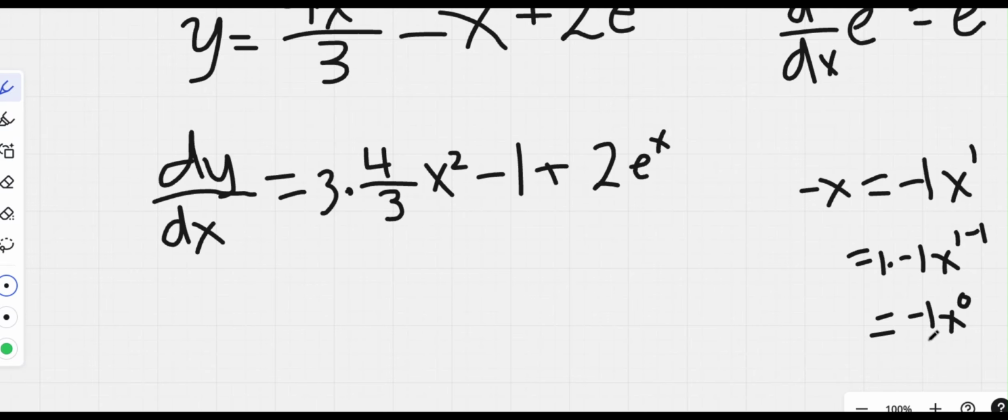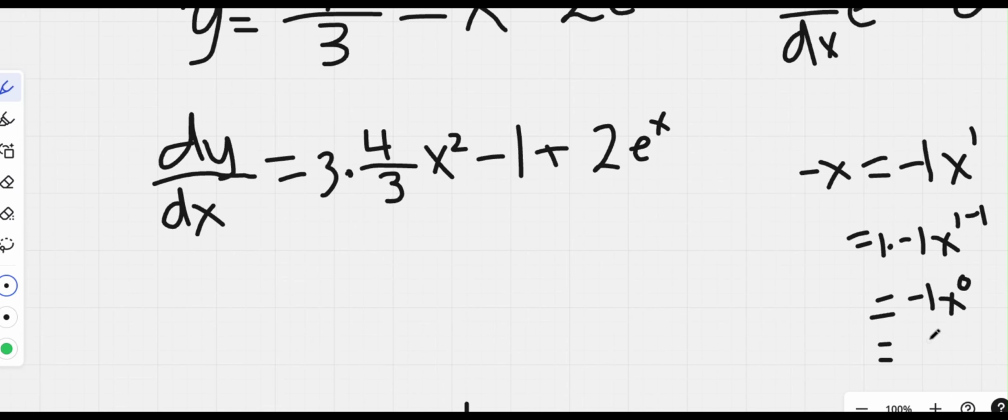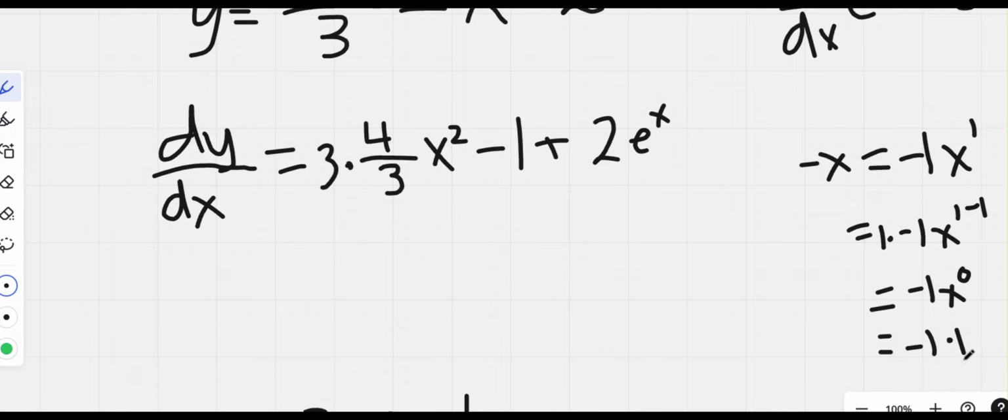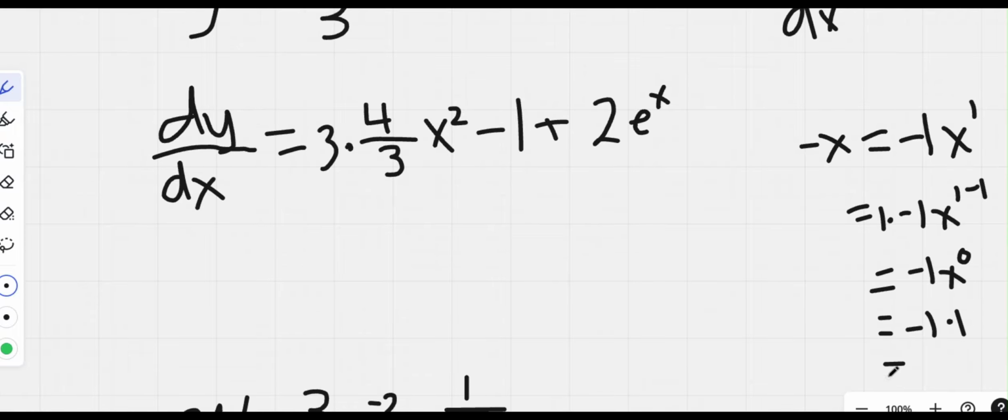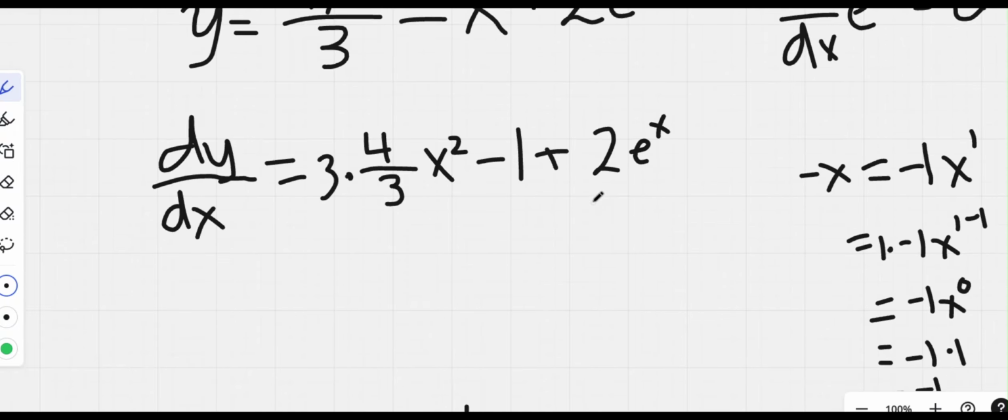And anything to the power of 0 is equal to 1. So that would turn into negative 1 times 1, which is just simply negative 1. So that's how we got that here.